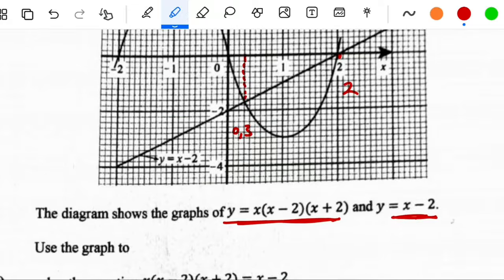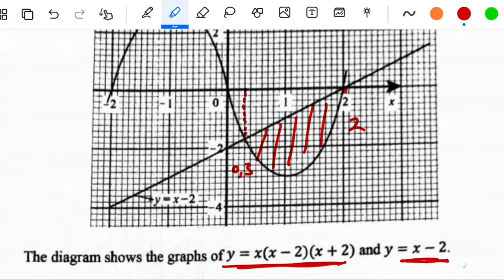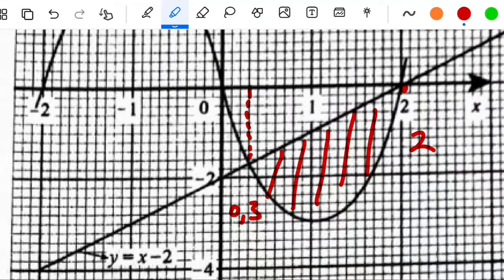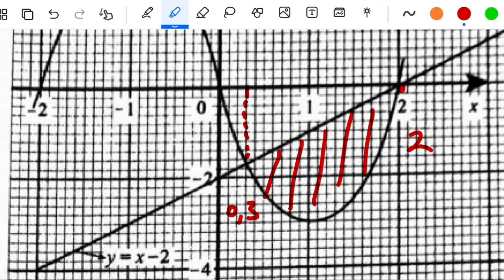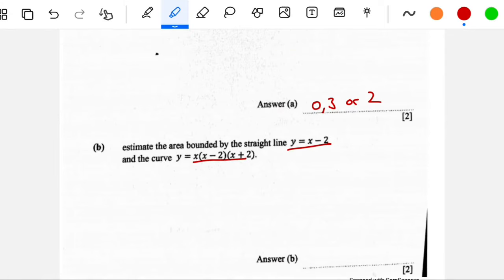Then B, estimate the area bounded by the straight line, this one, and the curve, this one. So they want the area between these two here. So what you do is find the area of one box. If you check the scale, on the y-axis we have a 2, 4, which means one box is 0.2. Then on the x-axis is a 1, 2, which means one box is 0.1. So the area of one box is going to be 0.2 times 0.1. This is going to give us 0.02.